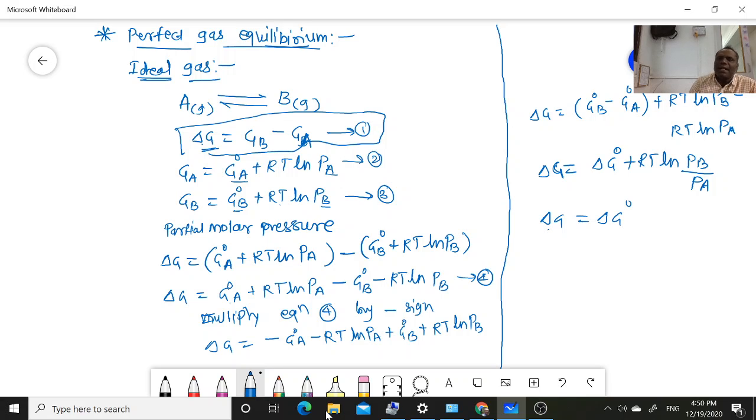What is the difference between delta G and delta G0? Delta G0 is the Gibbs free energy change in the standard state, and delta G is the Gibbs free energy change.